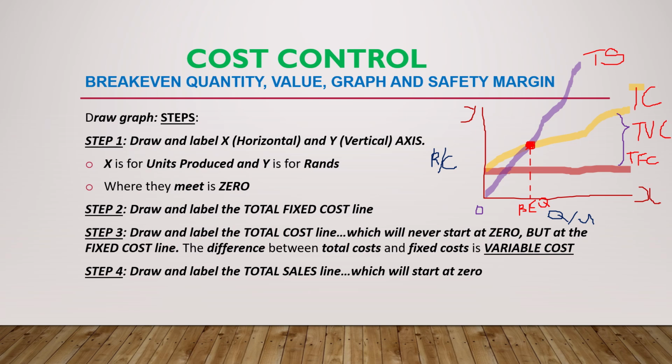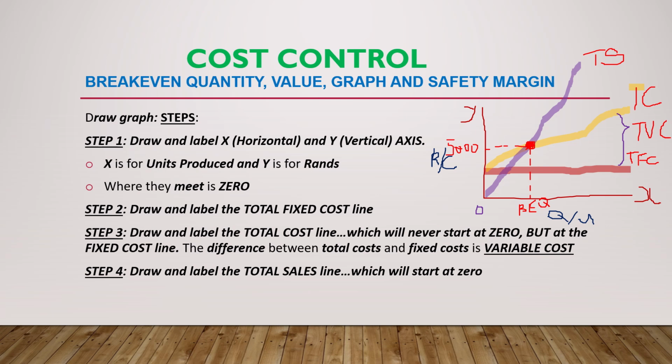We break even at this point, so this is your break-even value, in terms of money. Let's say this is 5,000. At break-even point, you will have your break-even quantity and your break-even value.